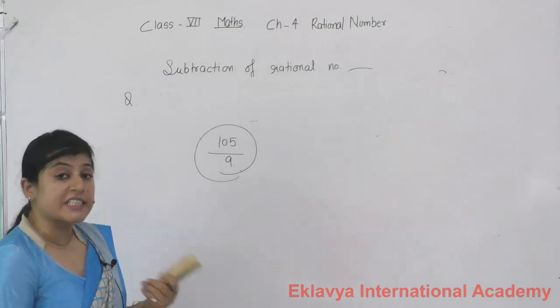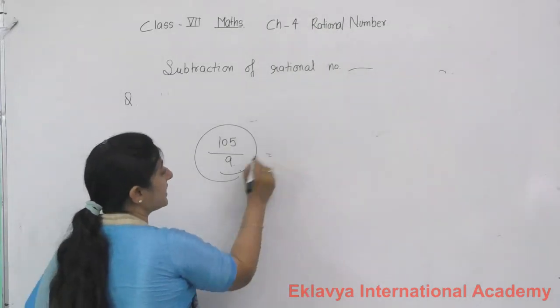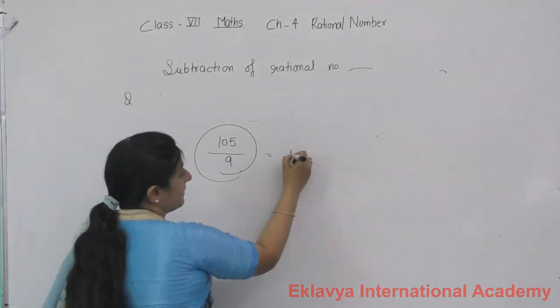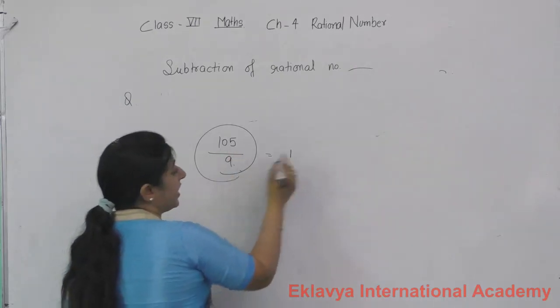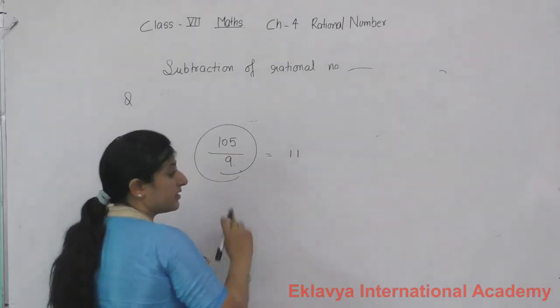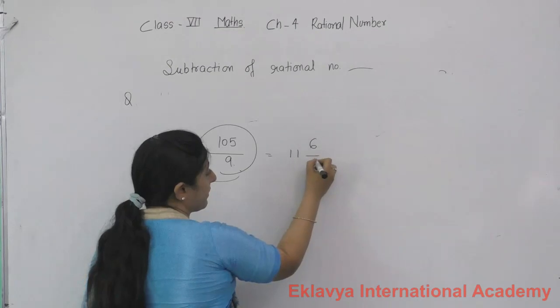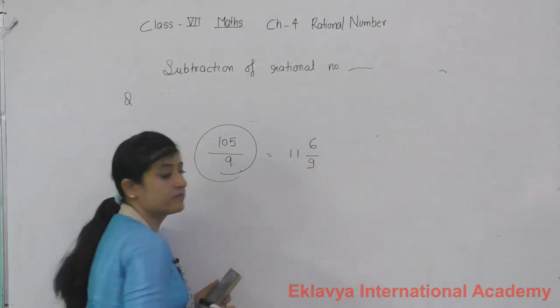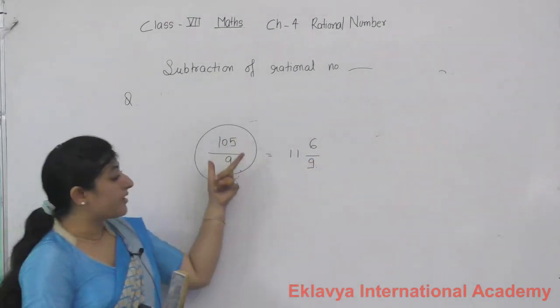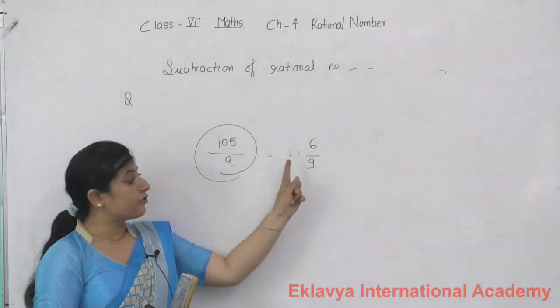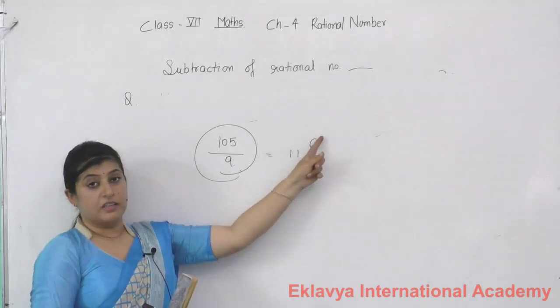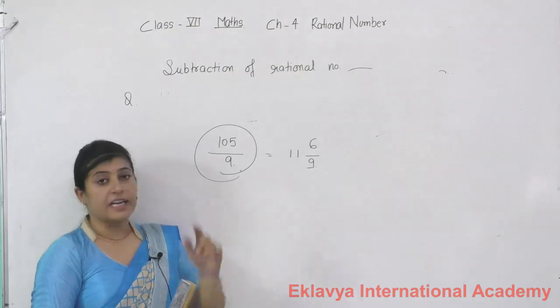Firstly change it into mixed form. How to change it? 9 elevens are 99, 105 minus 99, remaining 6, divided by 9. It means this number we can write firstly in the form of 11 and 6 by 9.